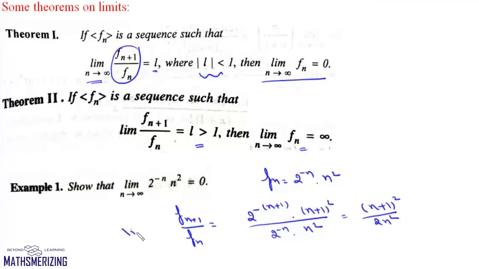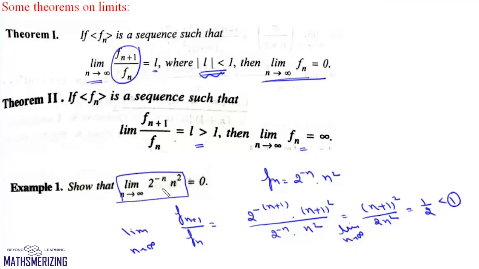Now we take this limit n tends to infinity, this limit will be simply 1 by 2, which is less than 1. So if mod L is less than 1, then this limit n tends to infinity f_n will be 0. That means this limit of f_n, which is 2 to the power minus n into n square, will be simply 0.